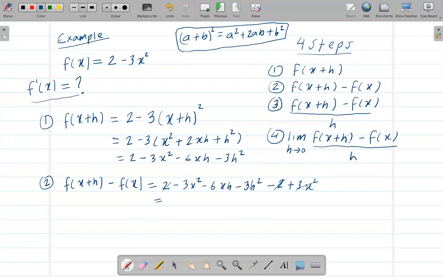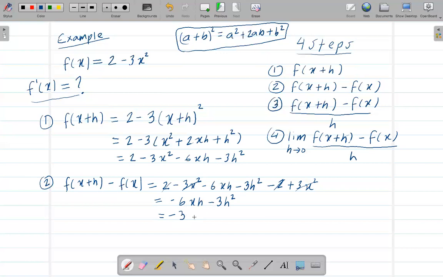Here I have h in both terms, so I can factor out h. Also I can factor out a negative, and since I have a 6 and a 3, let's factor out 3.